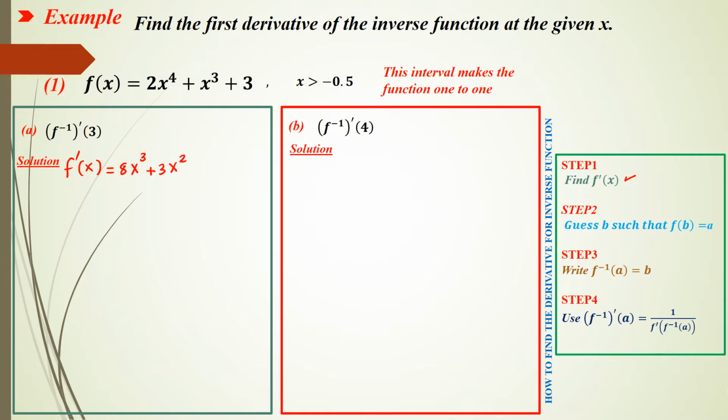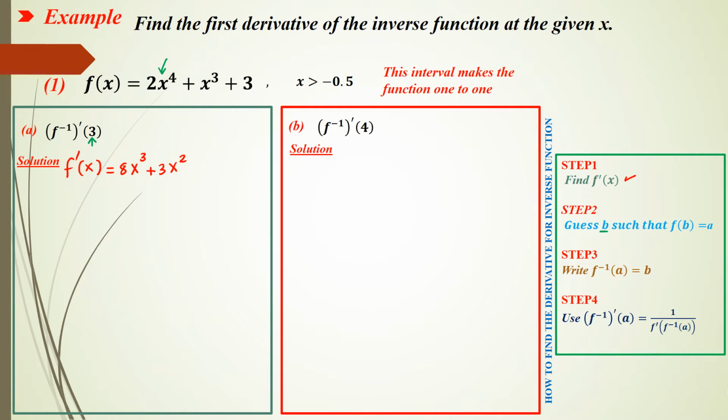In the second step you have to guess a number x that you have to replace in the original function f of x to get 3.